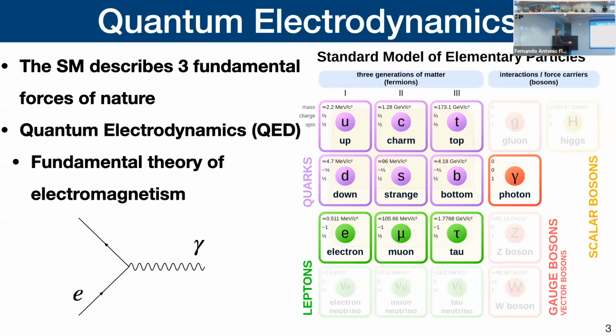Particles with electric charge interact via the exchange of a gauge boson known as the photon. That is described by this diagram here, where you see the electron, in this case, emitting a photon. So this is how we describe QED.